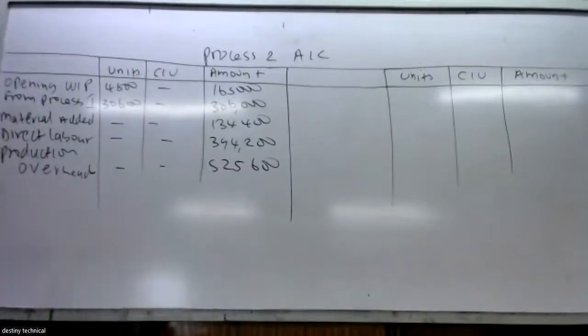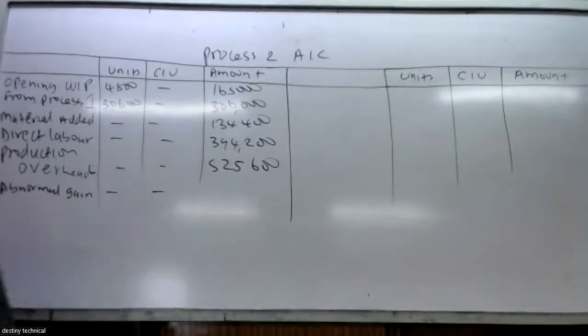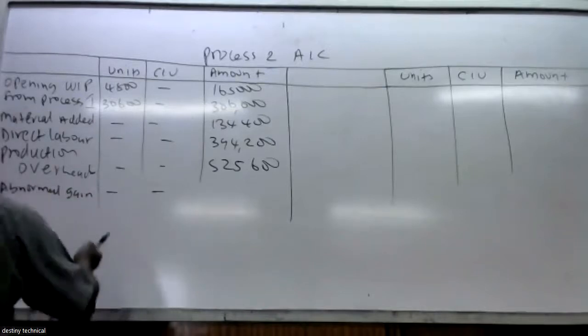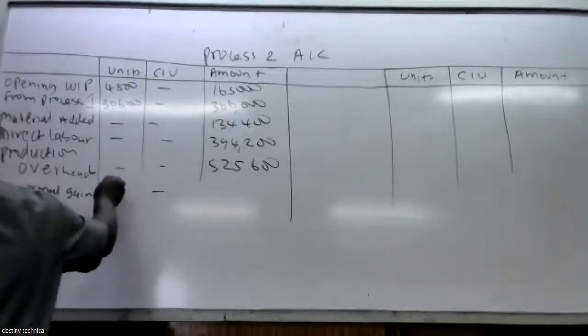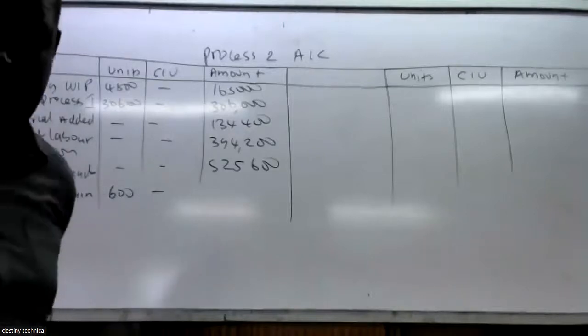Then there was also abnormal gain. So abnormal gain, there were 600 units. So you have done valuation of the abnormal gain.